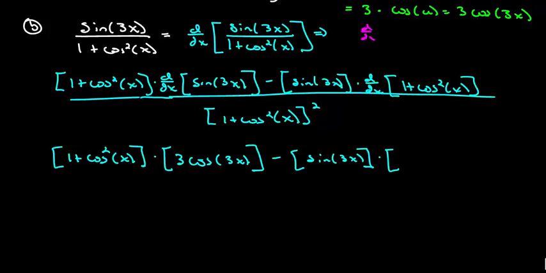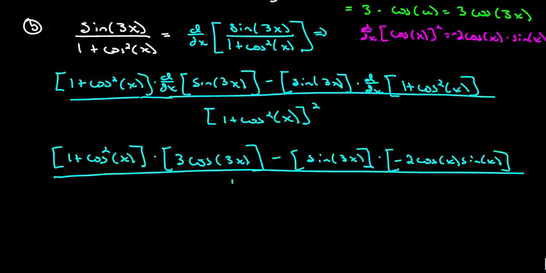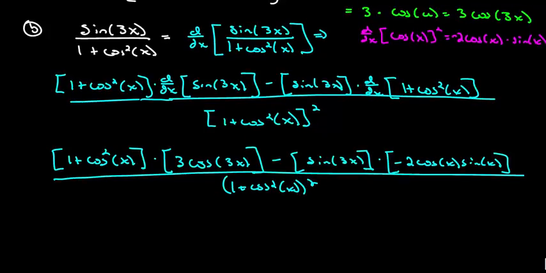So we need d dx of cosine x squared, which is going to be 2 cosine x times the derivative of cosine, which is negative sine. So this is negative 2 cosine x sine x. And this whole thing is over 1 plus cosine squared x squared. Just like that.